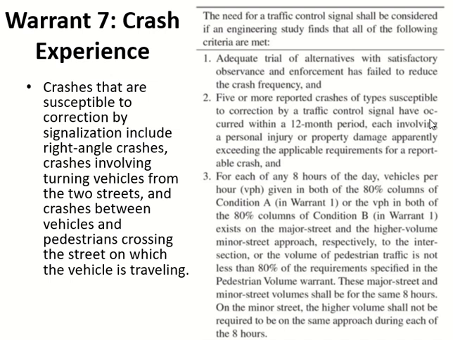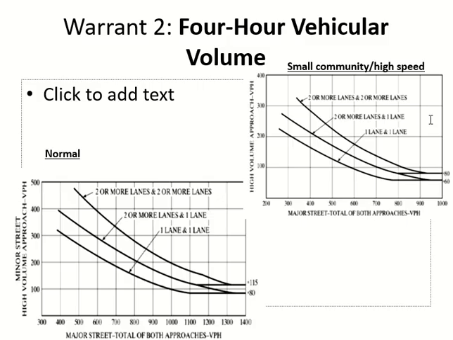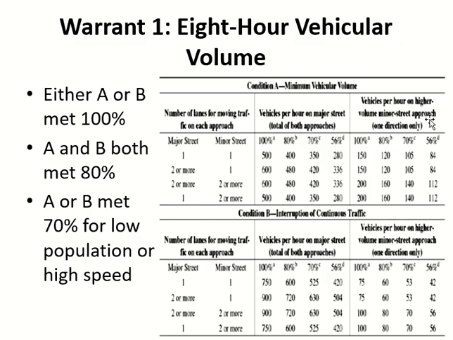The third condition is related to the first warrant. They added another one to the first one. What were we saying in the first one? If you meet 100% in this table or this table, signal required. Small town, high speed road, if you meet 70% here or 70% here, signal required.